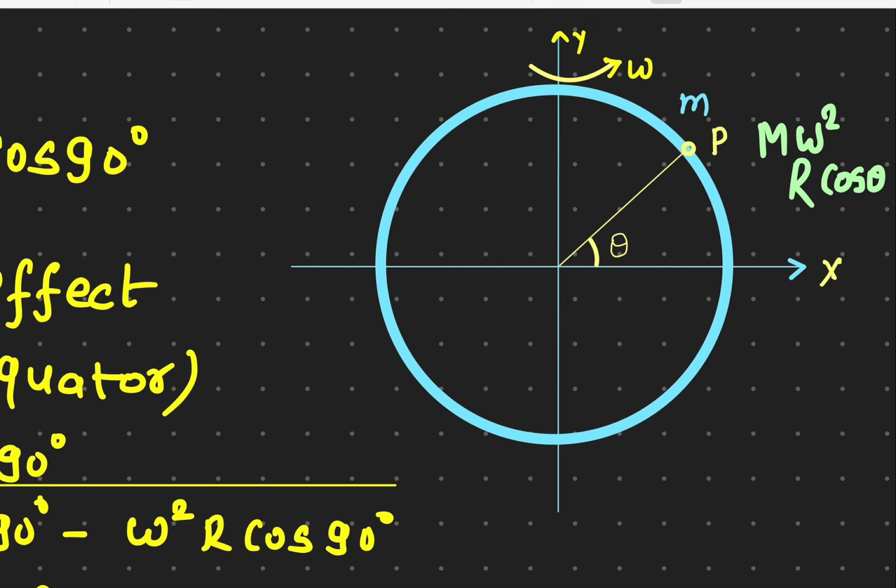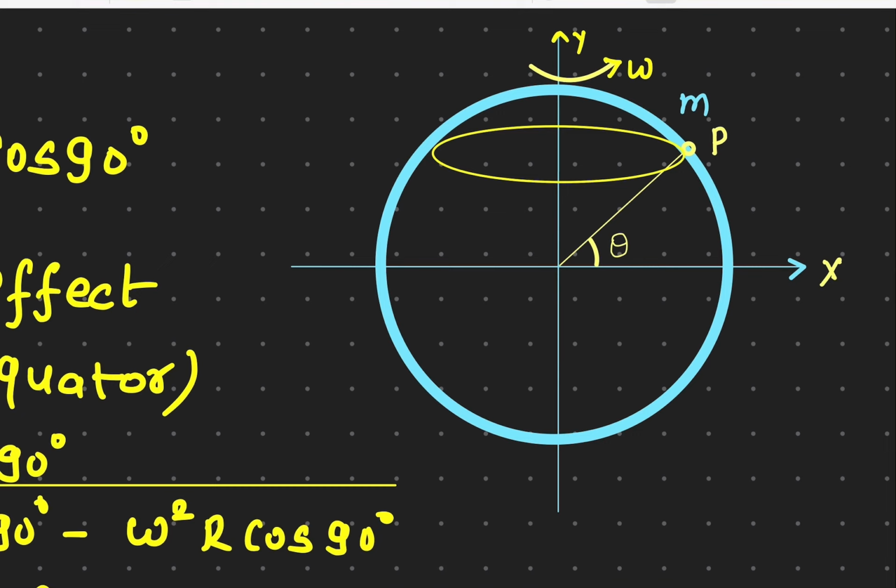If the Earth does not spin at all, then there is only one force acting on this point P, which is the weight, mg, towards the center. But as the Earth is spinning about its axis, this point also moves in a circle.